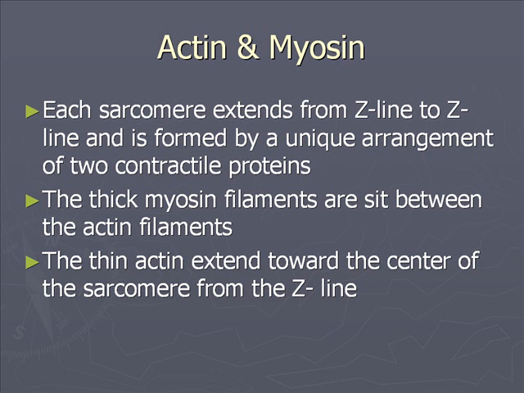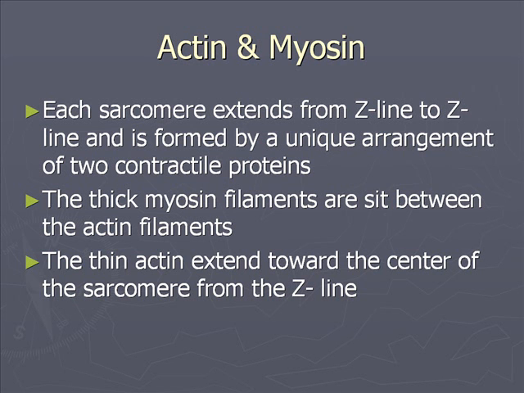Each contractile unit, the sarcomere, extends from what's referred to as Z-line to Z-line, and this will make more sense when I show you the illustration. But basically the contractile units form a unique system of contractile proteins. There are thick proteins which make up thick filaments, the thick myosin filaments. They sit between actin filaments.